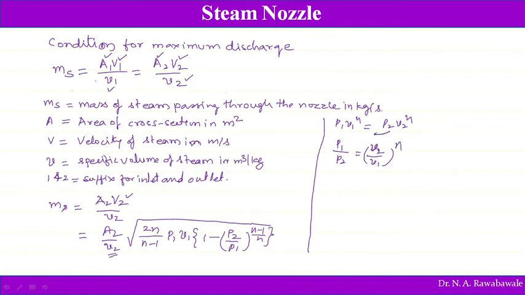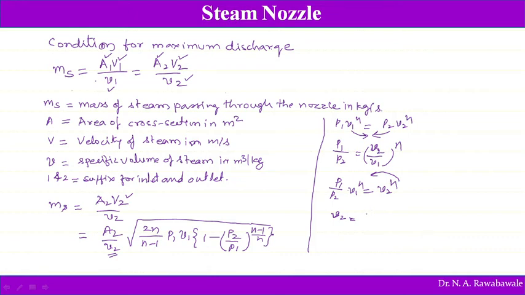So transferring p2 on left hand side, v1 on right hand side, we get this. So this can be written as again p1 divided by p2 into v1 to the power of n is equal to v2 to the power of n, or else v2 is equal to, if you transfer this power n on left hand side, we will get this as 1 over n.